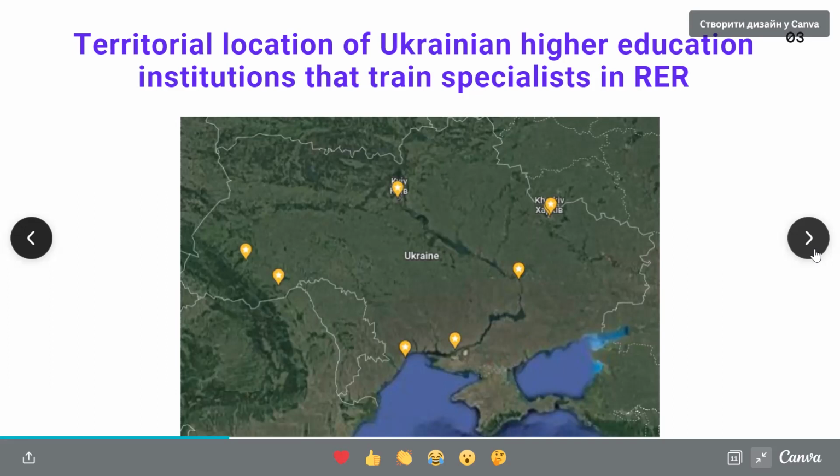Stanytsina National University, named after Yuri Kovach. Kherson National Technical University, National Technical University of Ukraine, Kyiv Polytechnic Institute, named after Igor Sikorsky.